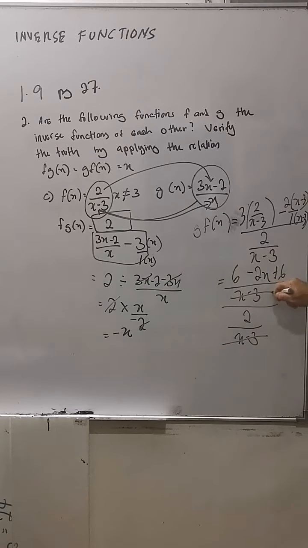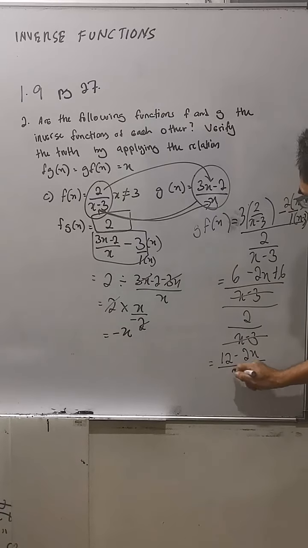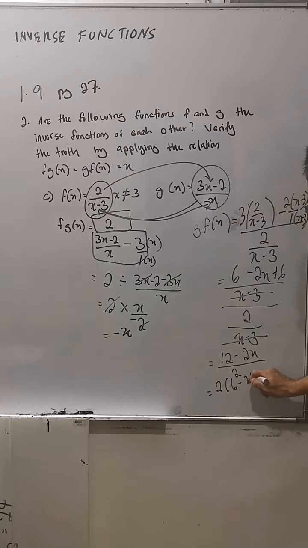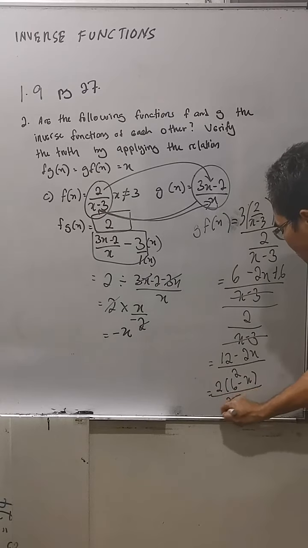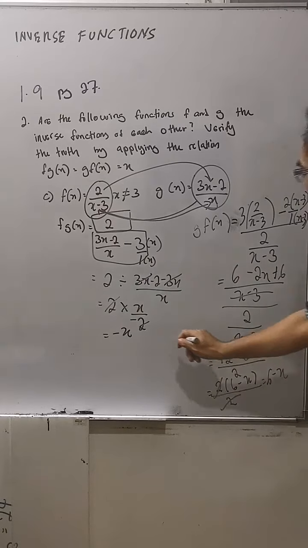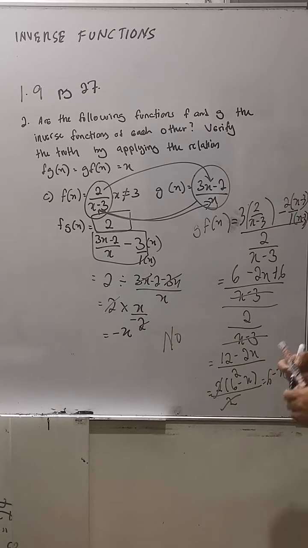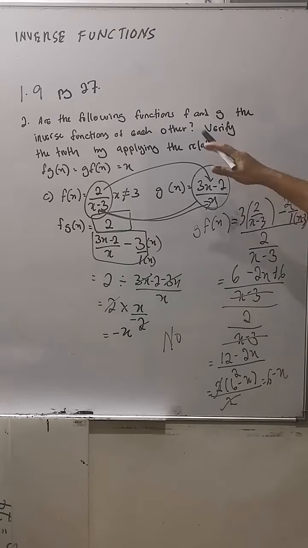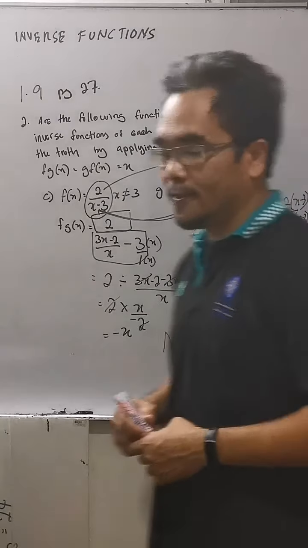You can cut second and fourth, and then 6 plus 6 will be 12 minus 2x over 2. We can factorize 2. 6 minus x over 2. We can cut, so it becomes 6 minus x. So in short, the answer is no. Okay, as long as the answer is not x, they are not the inverse of each other.